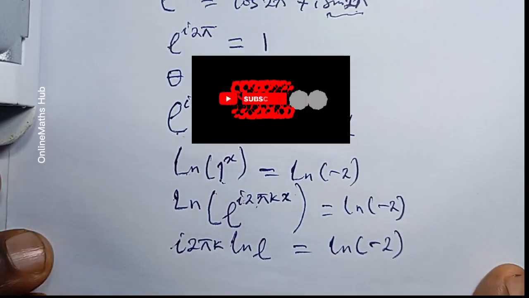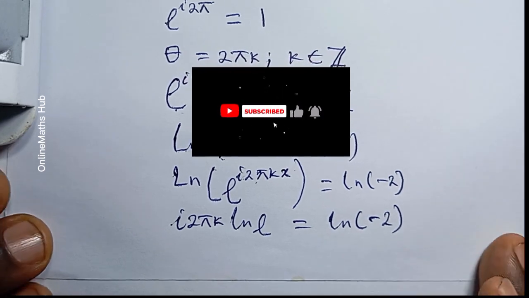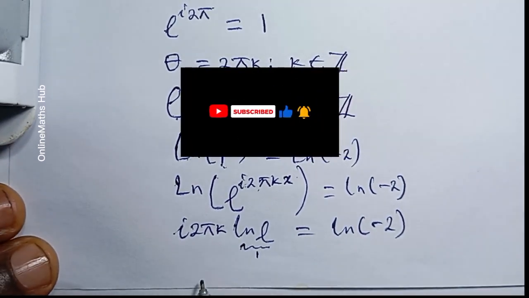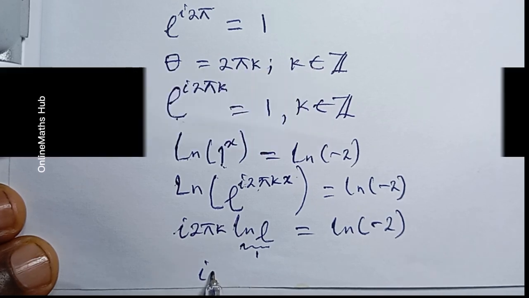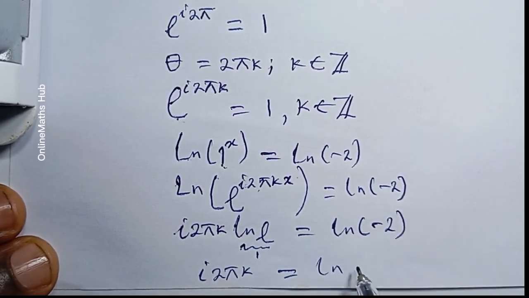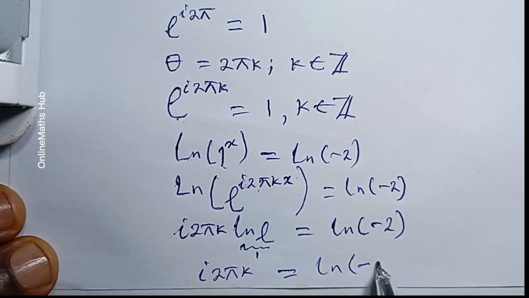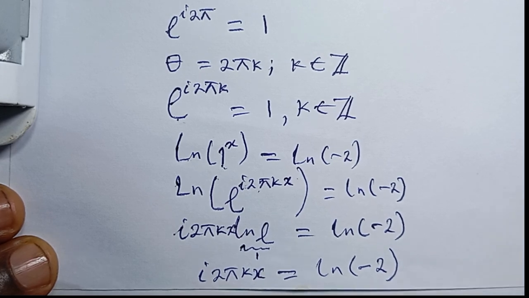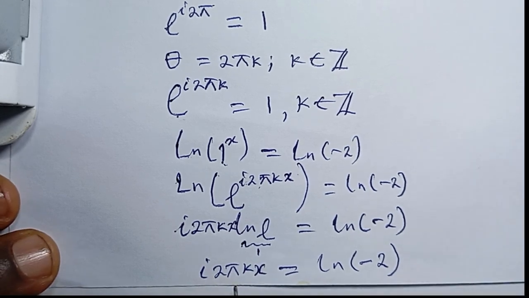At this point you see that the natural log of e is equal to 1. So obviously what I'm going to have here is x times i 2 pi k equal to the natural log of negative 2. Sorry, there is x here, don't miss that. Because we are looking for x, we can go ahead and divide through by the coefficient of x, which is i 2 pi k.